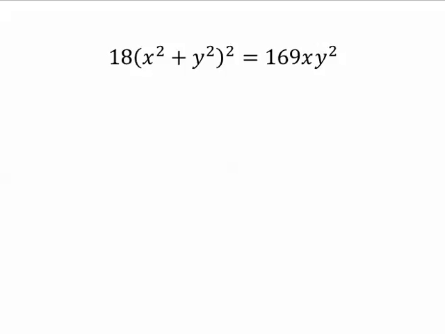Let's first focus on the left-hand side. The 18, I'm going to just rewrite that. Then notice the parentheses. On the outside of the parentheses, there's a 2 in the exponent. I'm going to have to bring that 2 down, and then my new exponent will be 1. After I do that, again I'm using the chain rule, I have to take the derivative of what is inside.